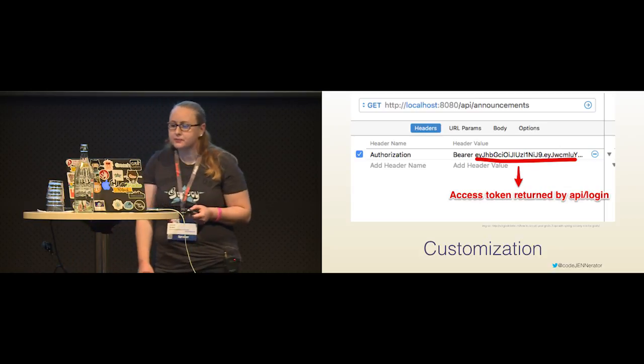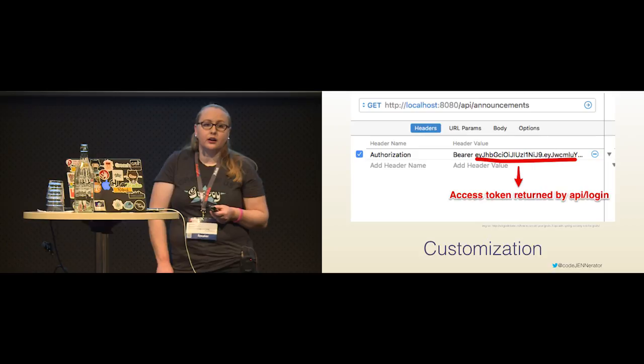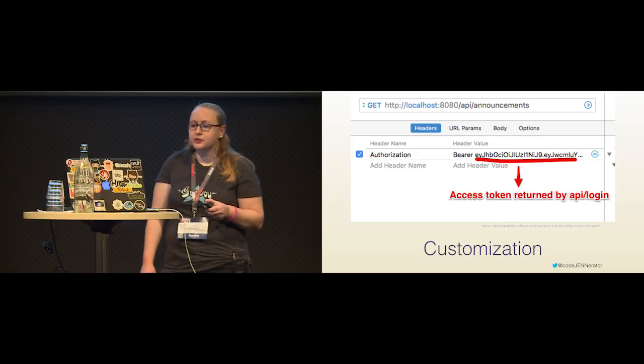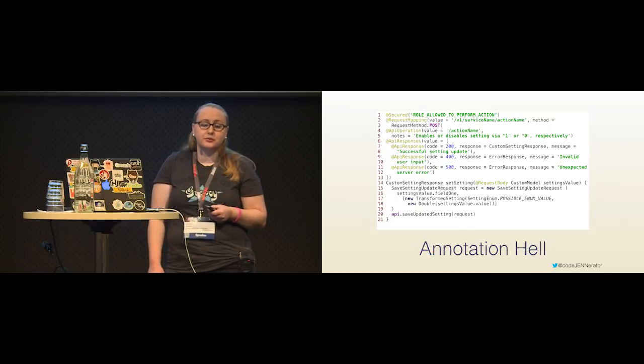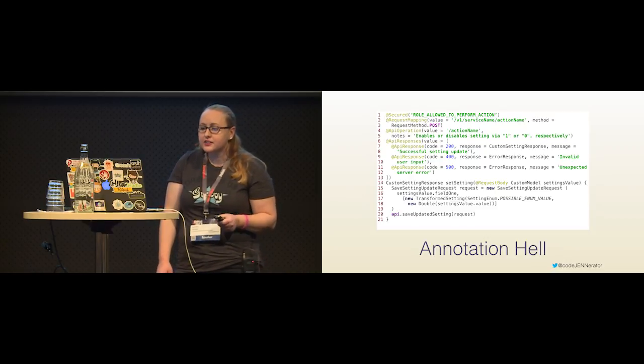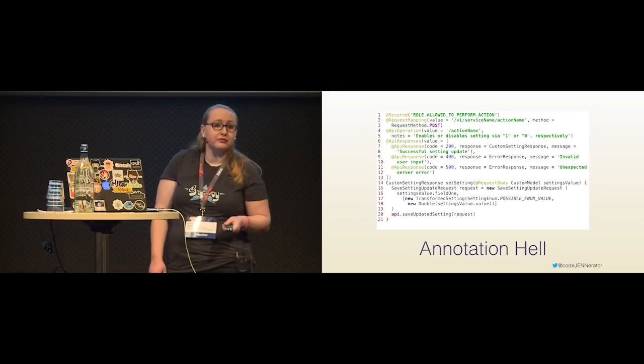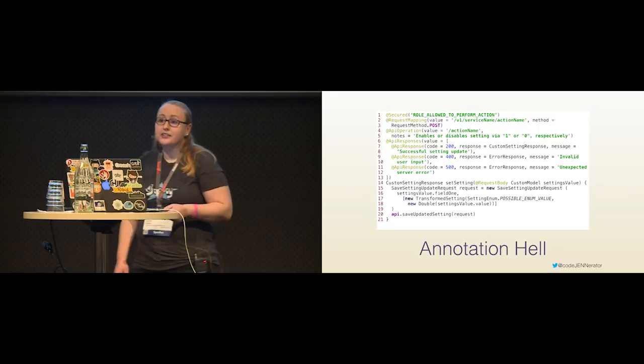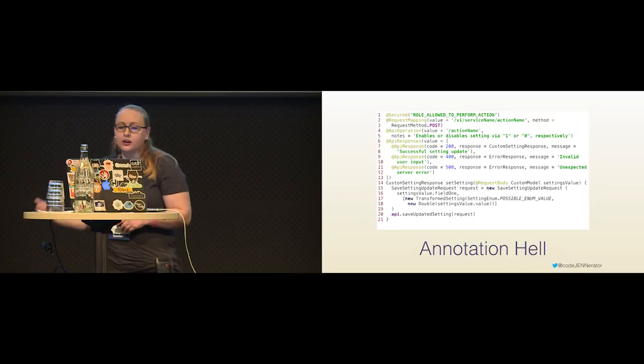The next problem that you may have noticed too is that you get into this concept of having way too many annotations. This is not a particularly long example, but it's one that fits on my slides. And it is one that I actually pulled from code that's in production, then renamed everything.